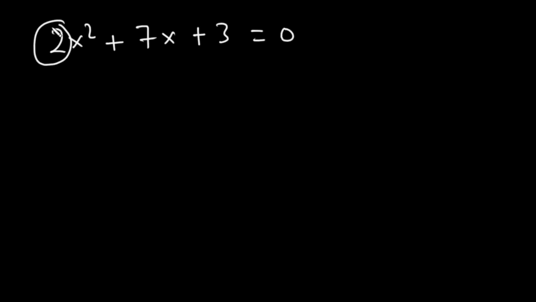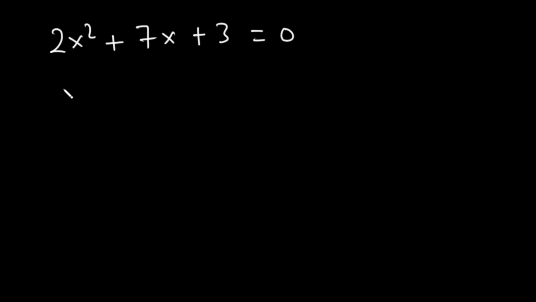Now let's approach this same problem using the completing the square method. So we have 2x² + 7x + 3 = 0. Using this method, the first step is to make sure that the coefficient of the x² term is 1, or better still, the number multiplying the x² term is equal to 1.